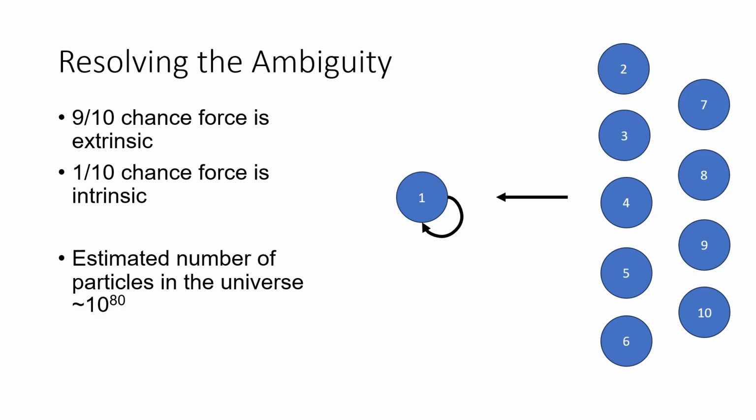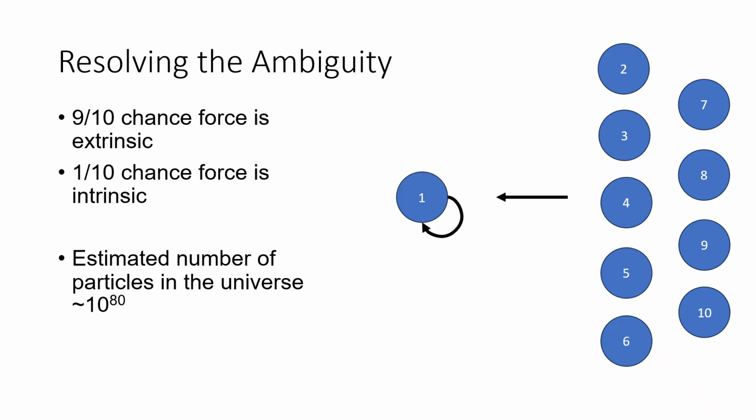Charged particles, on the other hand, are a different story. They are subject to both extrinsic and intrinsic forces, but they're unable to tell the difference between them because they both arise from the same underlying phenomenon. So, from the perspective of a charged particle, they are indistinguishable.